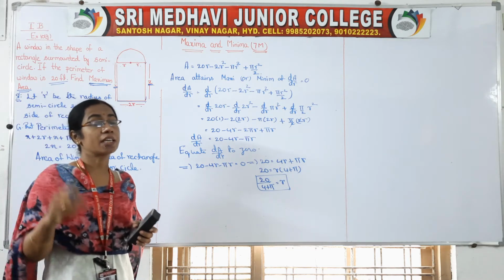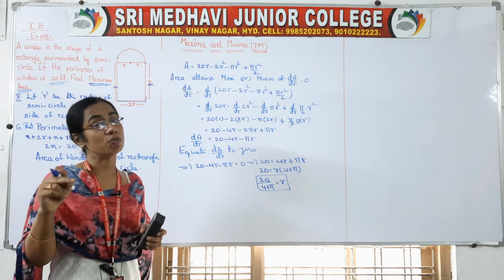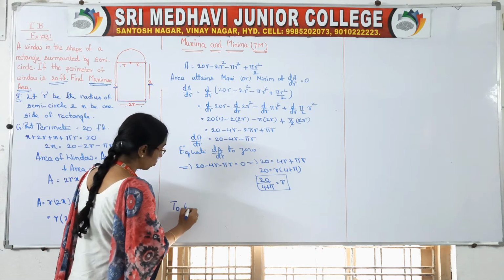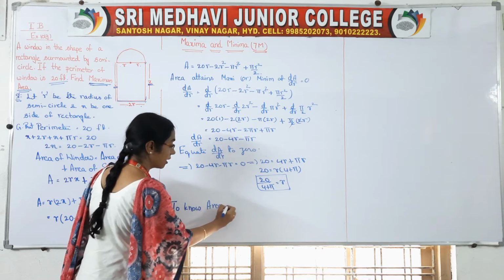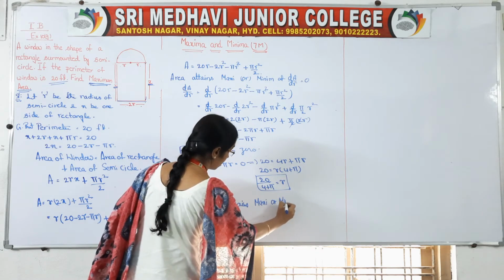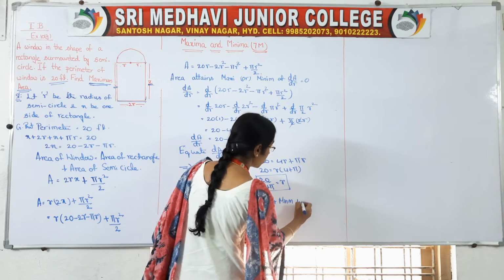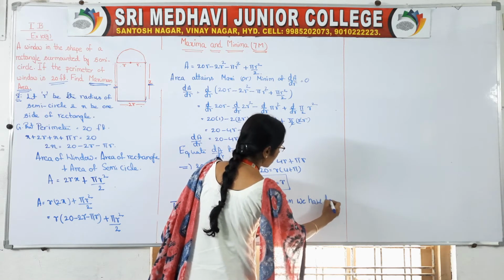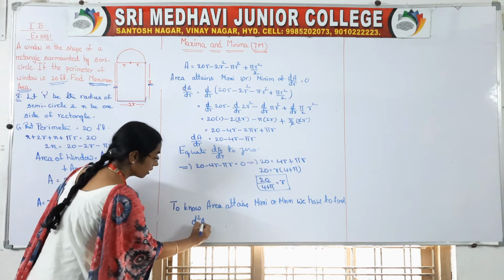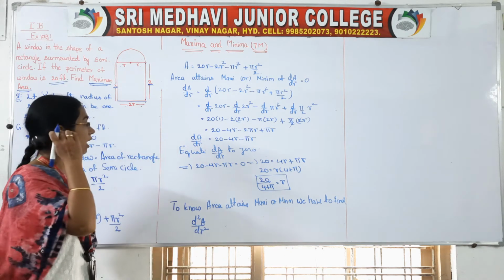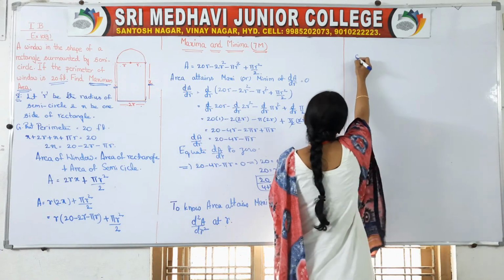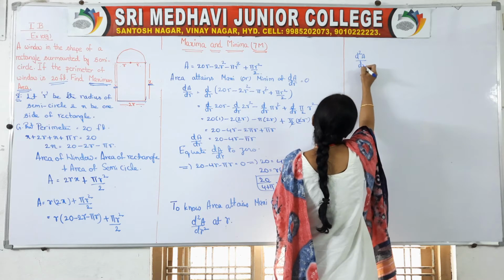To know whether it attains maximum or minimum, we have to find d square A by dr square, the second derivative, at the r value.